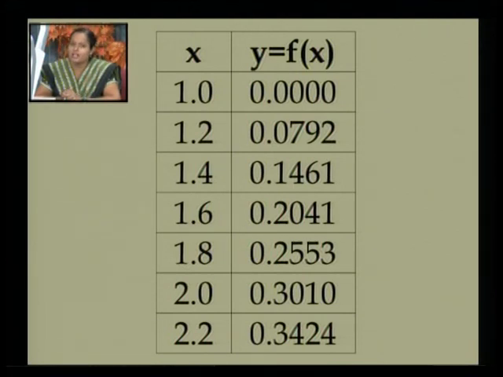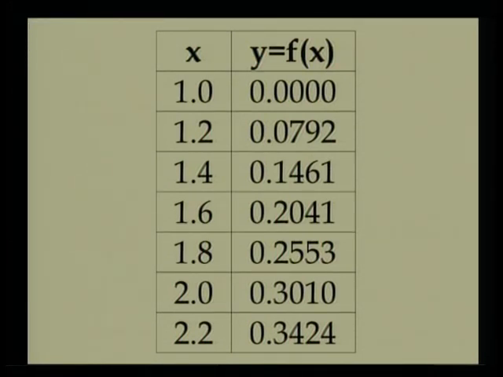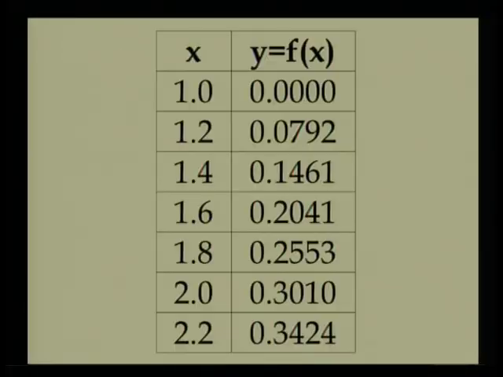The function f of x is log x to the base 10. We will put all these values of x into that particular formula. You can have a look at the values which we have obtained for y is equal to f of x. The first value of y which we have obtained, I will denote as y1. The second will be y2, third will be y3, y4 and so on.